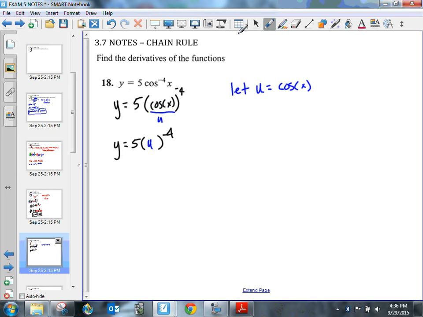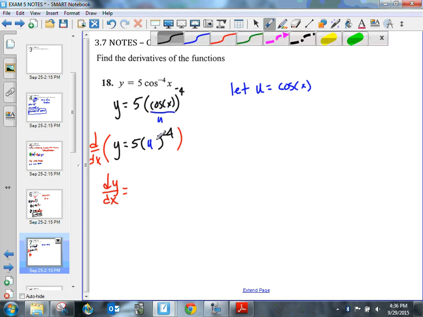All right? So now I want to take the derivative with respect to x. So if I take the derivative with respect to x, then I get dy/dx, okay, is equal to, and I'm going to do this.